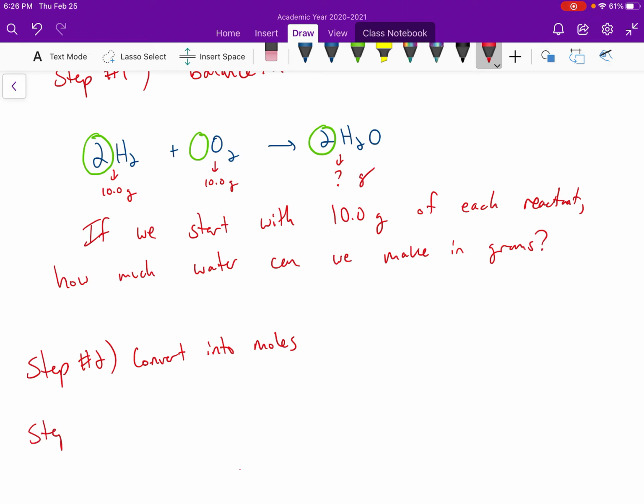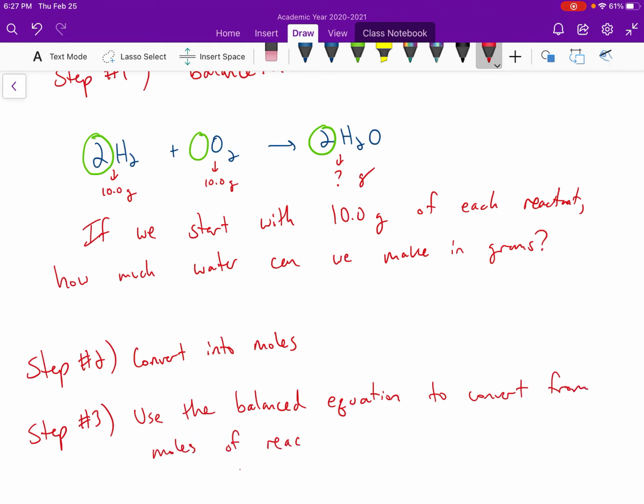Once we're in moles, okay, then we can use the balanced equation to convert from moles of reactants into moles of product.